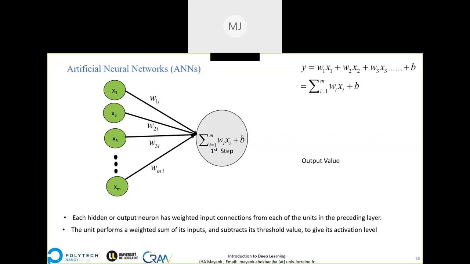Many of you want to know what is B. B is the bias. Now, what is bias? Bias is simply the offset. Let's say all the inputs are 0. When all the inputs are 0, what's the value of output? Well, that's your bias. That's like initial conditions. Is that okay?